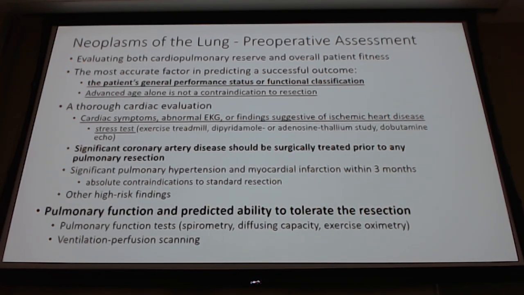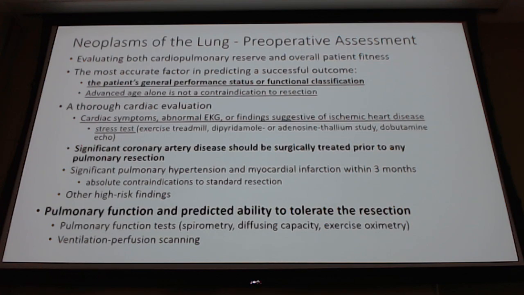If they have any history of cardiac symptoms or an abnormal EKG or anything that suggests ischemic heart disease, they have to go do a stress test. We're going to be putting their cardiovascular system under a great deal of stress when we have to drop a lung in order to do what we need to within that chest cavity if we go to surgery. So if they have any inkling of cardiac issues or any abnormalities on their EKG, just send them for a stress test.